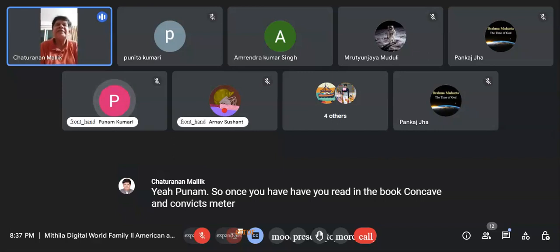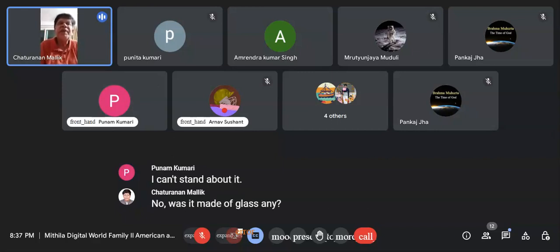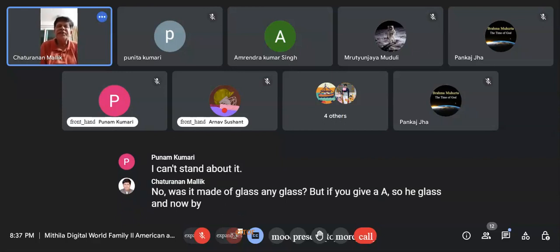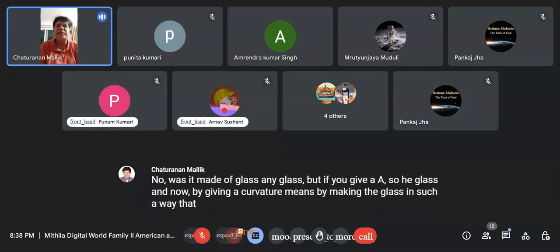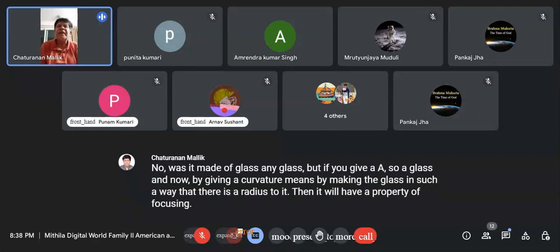It is made of glass, any glass, but by giving it a curvature, a radius, it will have the property of focusing and defocusing.